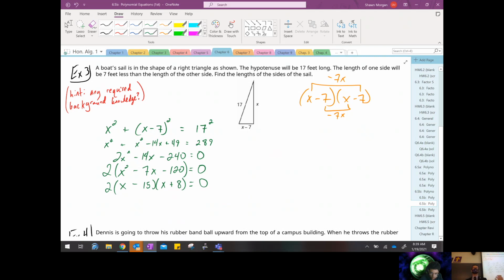Well, in this case, imagine I got 3 hands. 1, 2, 3. All 3 hands multiply together to equal 0. Then at least one of them has to equal 0. And so you can set each individual factor equal to 0. They're separated by the word or. So x equals 15, or over here, x equals -8.